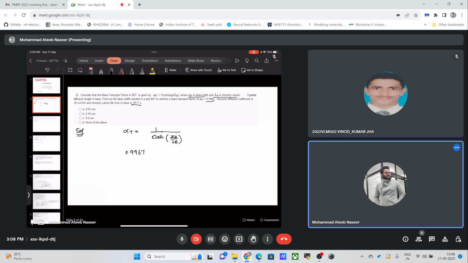So in this problem, we have been given the alpha t value, which is 0.9967, equal to 1 by cosh of xb by lb. Let me calculate the inverse cosh of this first on the calculator.